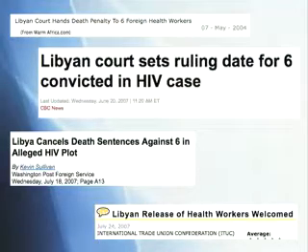Another example is a story or an event that happened a couple of years ago. There were these five Bulgarian nurses in Libya, and they were accused of infecting children at this hospital with HIV and with hepatitis C virus. And the Libyan government was putting them on trial and would possibly give them a death sentence.